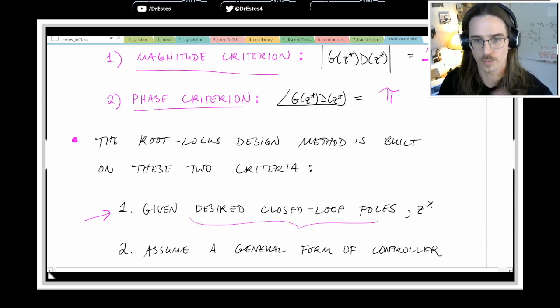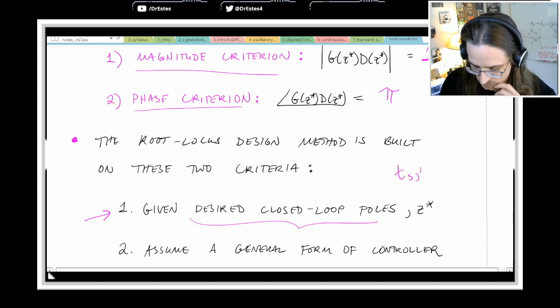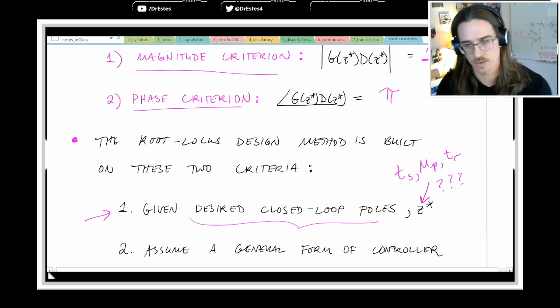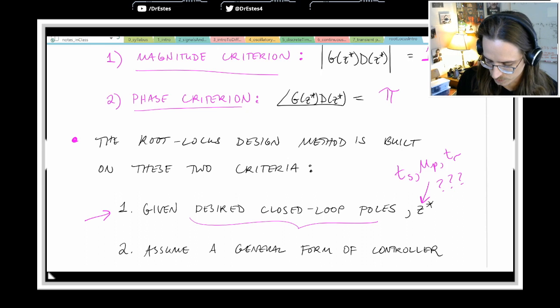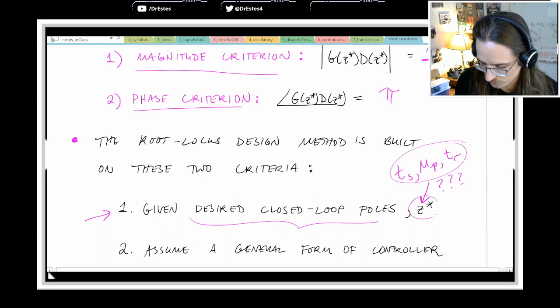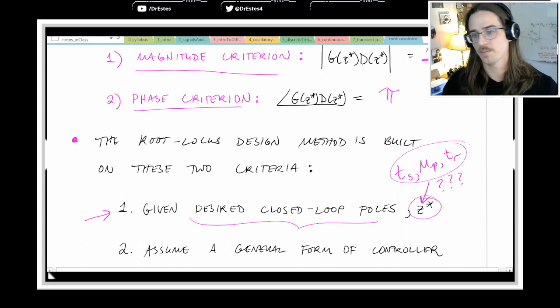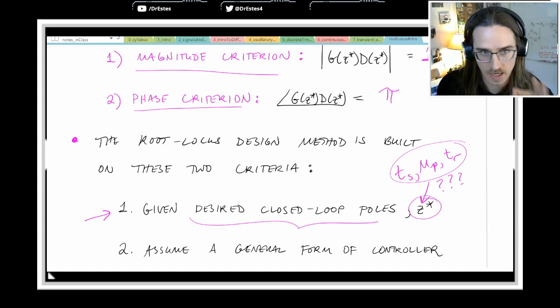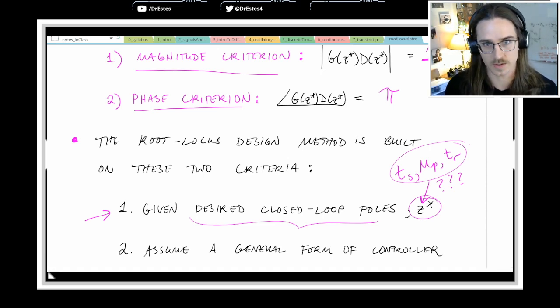Remember, we spent the first third of the class thinking about, if I'm given some settling time, overshoot, and rise time, what are the closed loop poles that give me those behaviors? So we know how to go from performance criteria to discrete time closed loop poles. Let's just take that for granted. Say I know what closed loop poles I want to achieve.